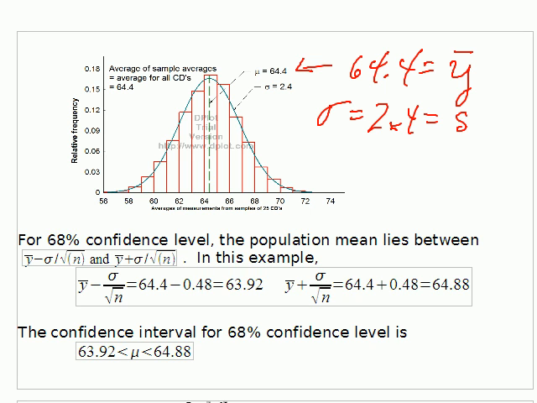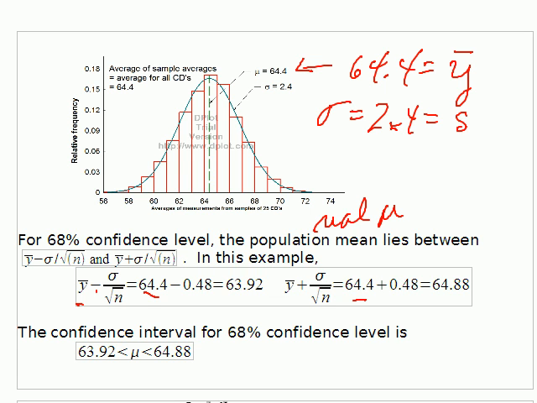Okay, for a 68% confidence level, the population mean, the real mean, lies between y bar, and the y bar is 64.4, that's where you see it there, minus or plus the standard deviation over the square root of n.